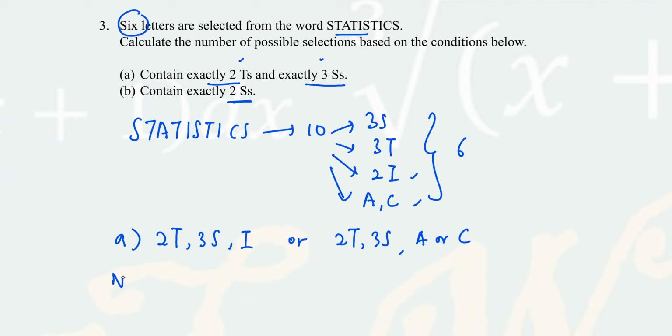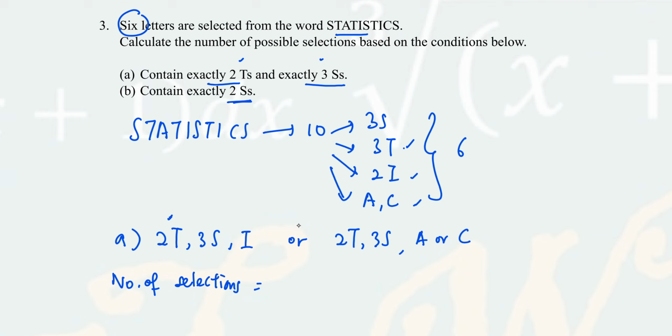So now, number of selections based on the first condition: for this 2T and the 3S over here, since they are identical T's, there is only one way to choose the 2T. We are not going to use 3C2. If you use 3C2, that means you assume you are given 3 different T's, then you choose any 2 of them.